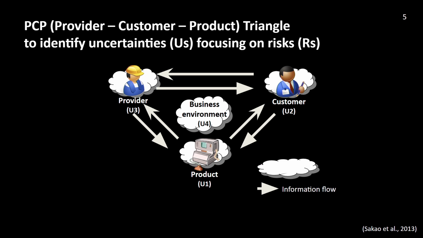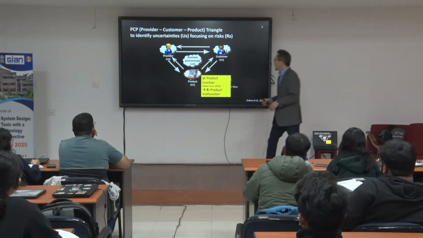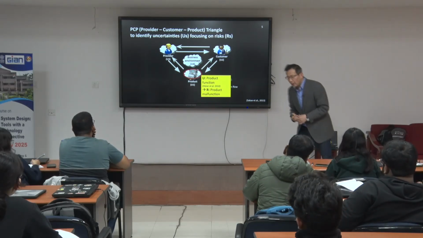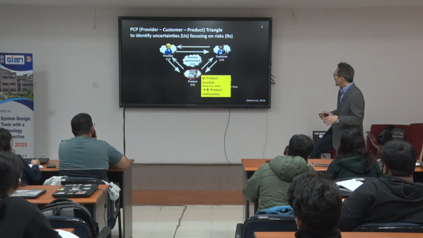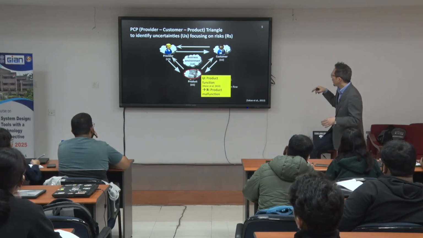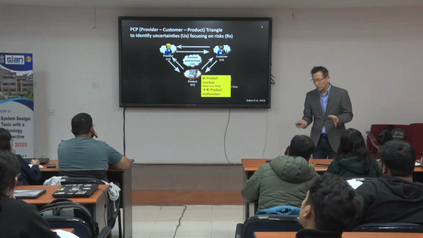For example, product, or customer, or provider, right? And if we think about the uncertainty of a physical product, U standing for uncertainty, originates from product function, and in this case, a risk from this uncertainty is product malfunction.